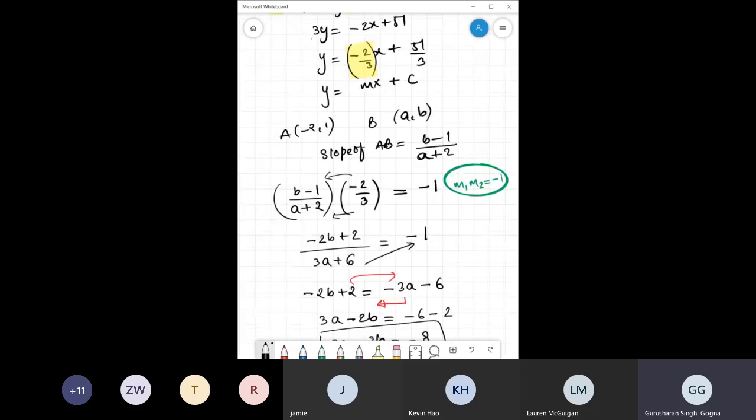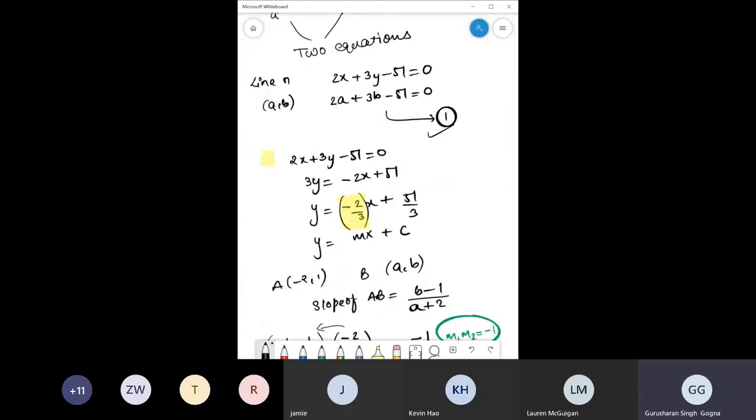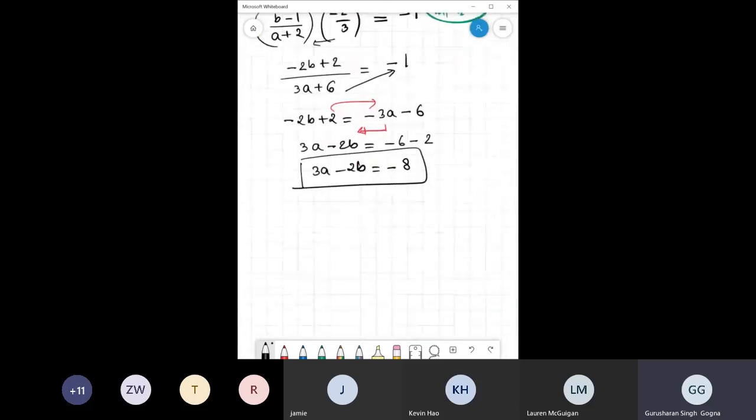What was our first equation? 2a plus 3b minus 51. This was our first equation, isn't it? 2a plus 3b. So let us write down here 2a plus 3b equal to 51. So that's what I'm moving to the other side. So you got two equations and Kevin said two simultaneous equations. So you got it here. And I hope everybody knows how to solve these two equations.